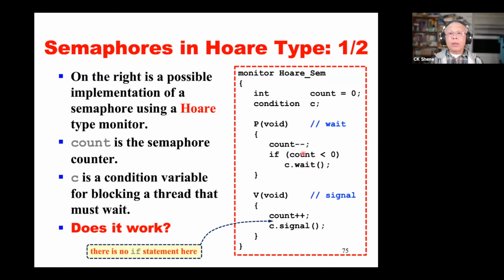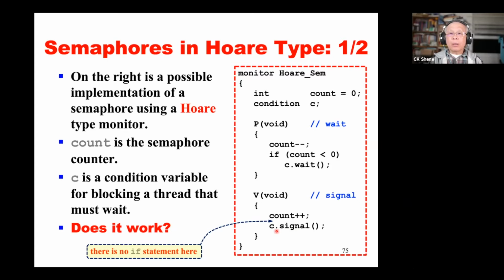If the counter is less than 0, then we wait on the condition variable. And if the counter is not less than 0, we simply return. For the signal or V method, we add 1 to the counter and then immediately signal the condition C.